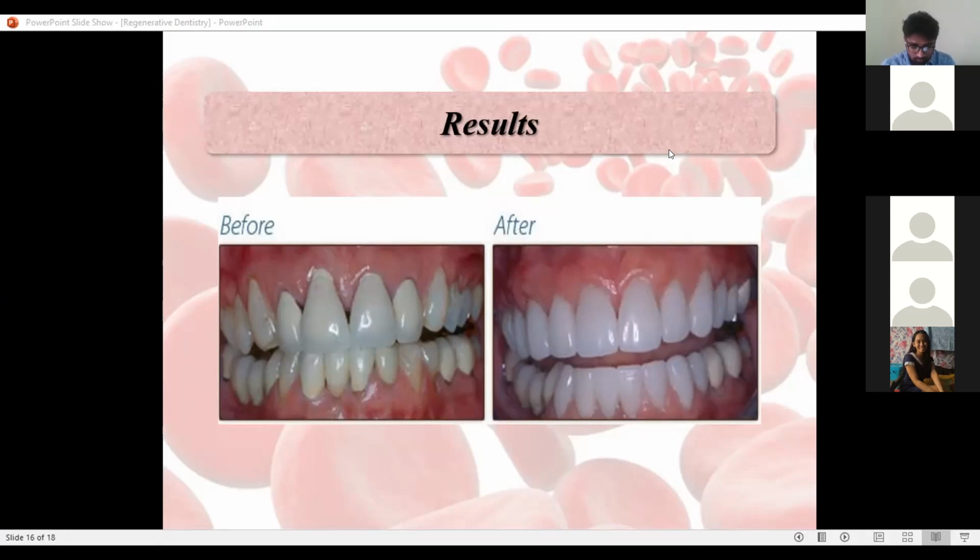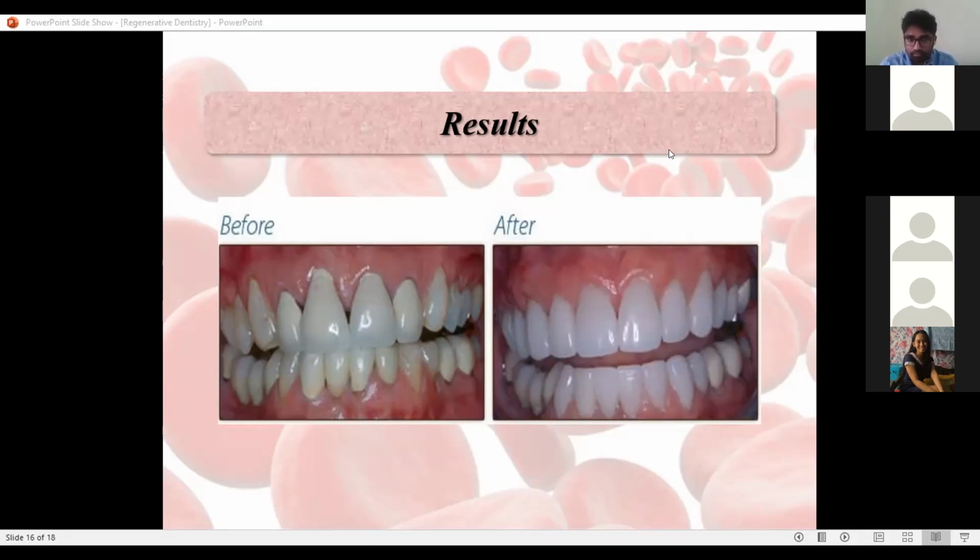So from the discussion, we can say PRP can be recommended for dentistry as well, and it is giving better results than usual conventional methods. The role of PRP here is to increase the blood circulation as well as decrease inflammation.